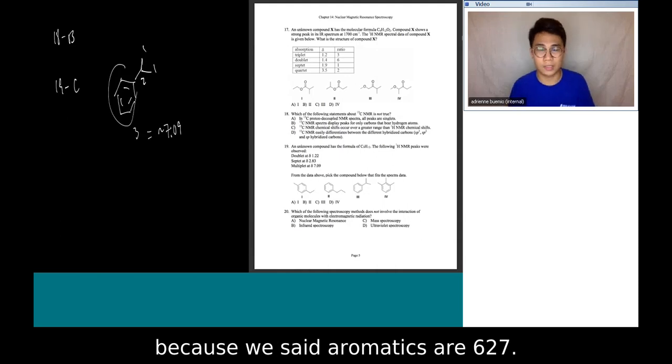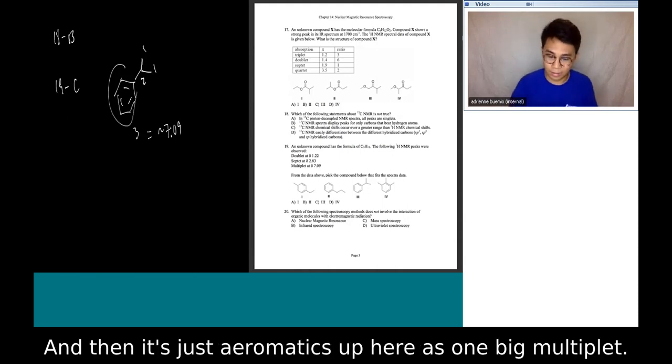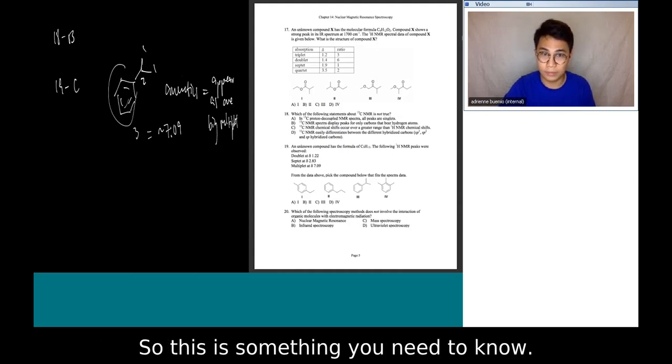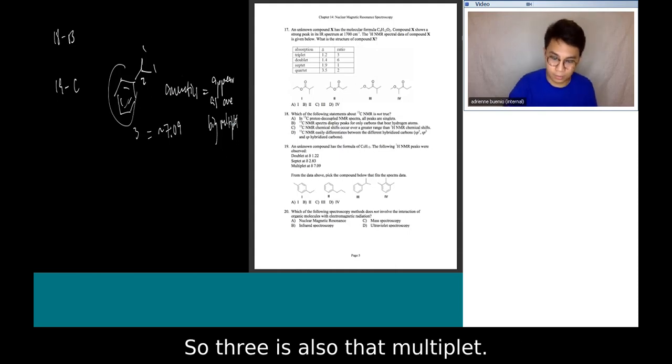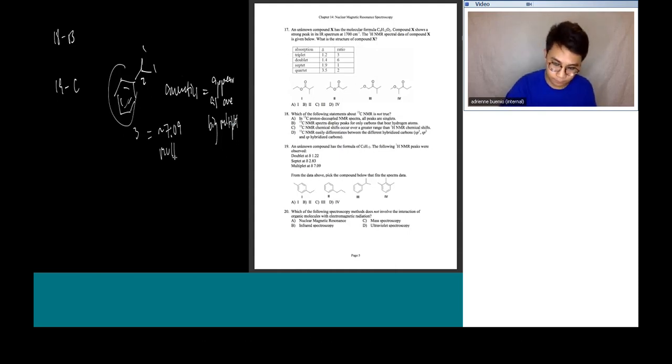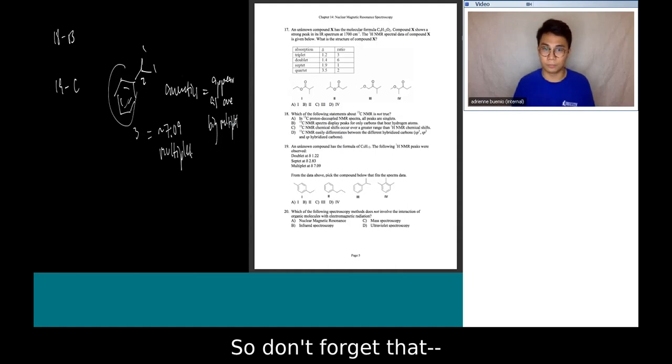Because we said aromatics are 6 to 7, right? And aromatics appear as one big multiplet, right? So that's just something you need to know. Aromatics appear as one big multiplet. So 3 is also that multiplet, right? So don't forget that.